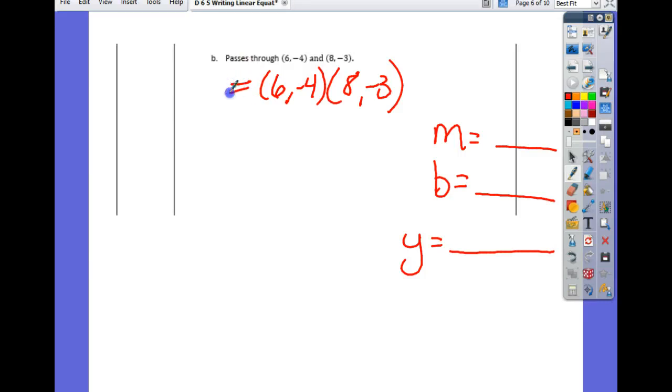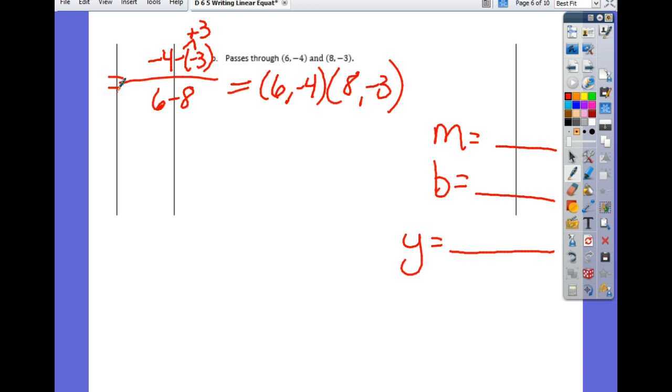All right, so we need to find the slope first. Hold it up. Actually, just write. All right, remember your slope is the y minus y. So if you go a negative 4 minus a minus 3, what does that turn into? That turns into a plus 3, all right? Then you have 6 minus 8.